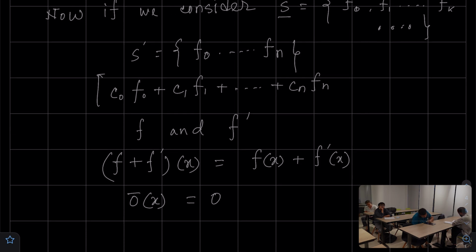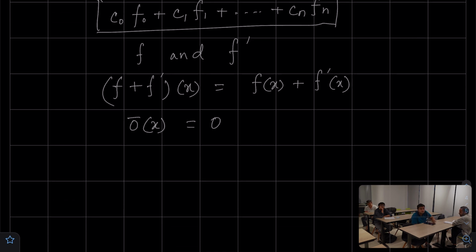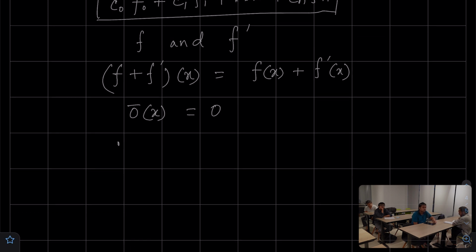Now let us take this linear combination that I already took. If I set it to the zero vector, then c0 f0 plus c1 f1 plus up to cn fn is the zero vector.